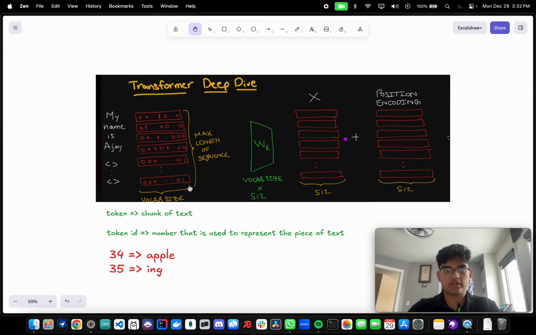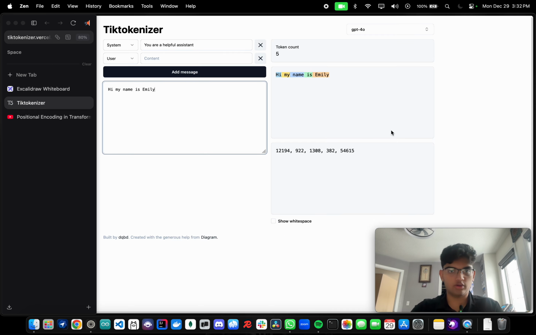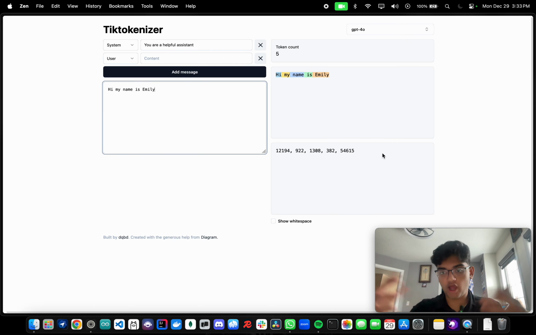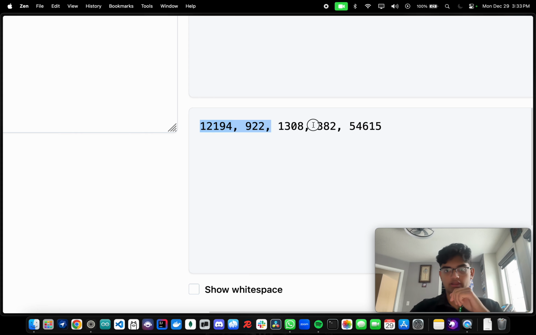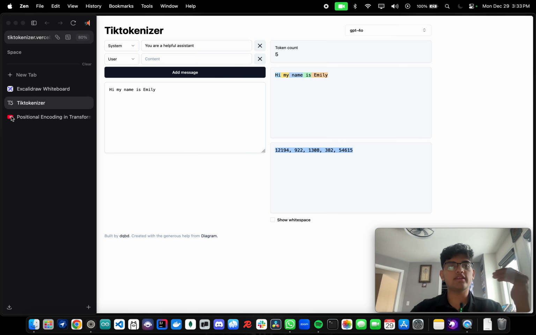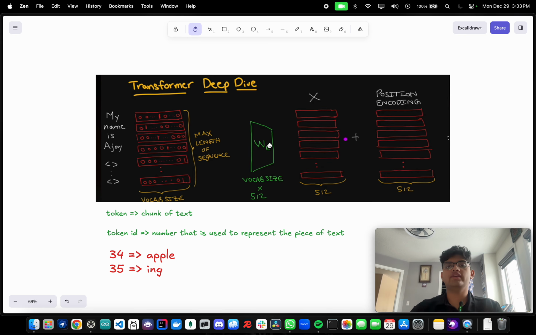Now, what happens is that the transformer inputs tokens. Okay, it doesn't input this text. What it does is it tokenizes these texts through these tokenization softwares, and then once you have these tokens, you can actually go through the parts of the transformer.